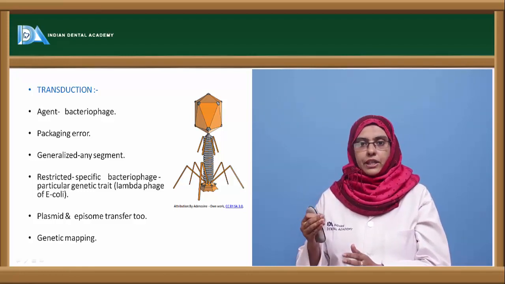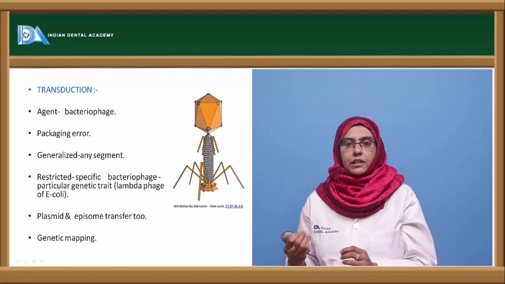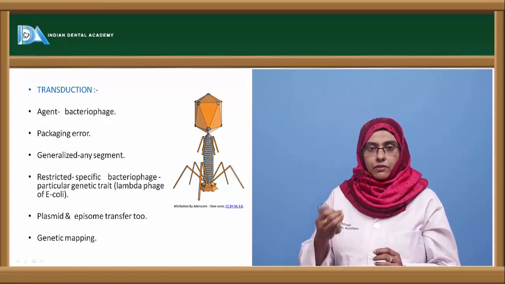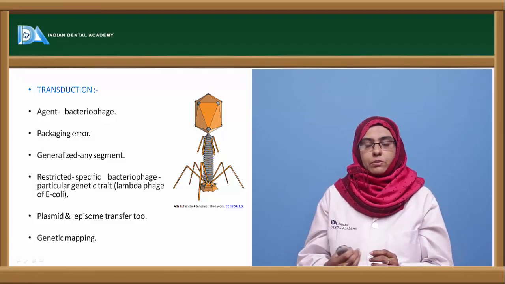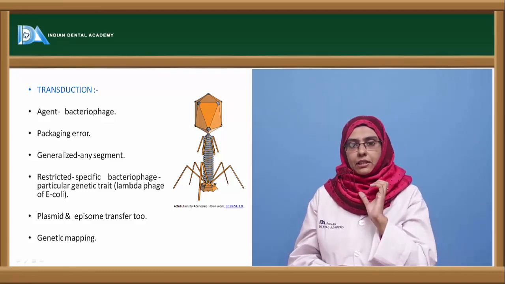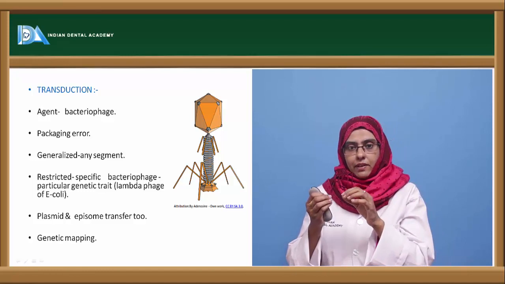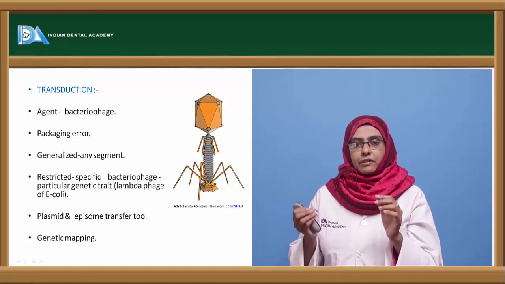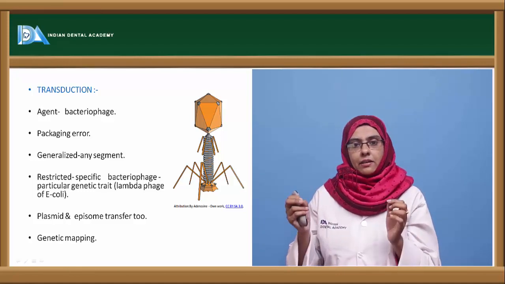Now this prophage, while coming out from the bacterial chromosome, can take a part of the bacterial chromosome. When it is taking a part of the bacterial chromosome, it is called specialized transduction, because while getting incorporated in the bacterial chromosome, they get incorporated between two genes, which are called gal and bio genes.